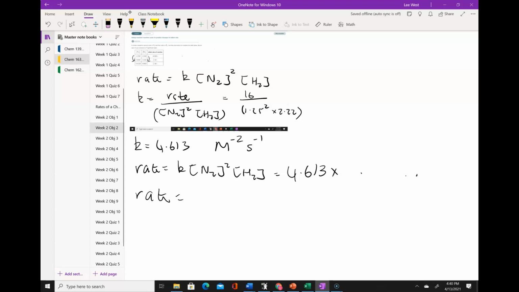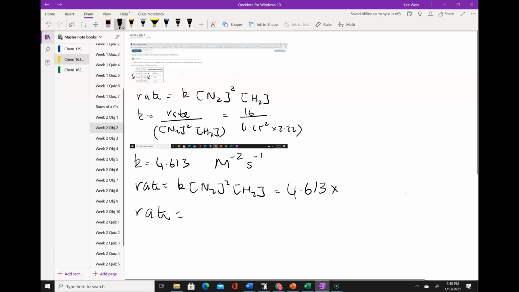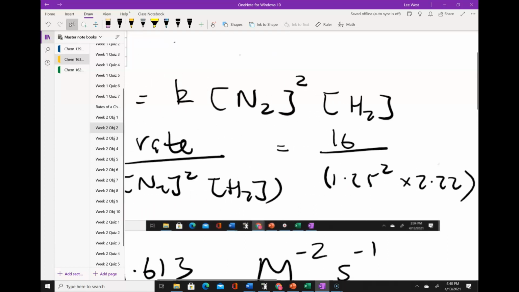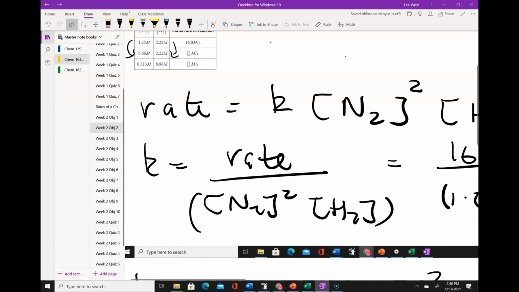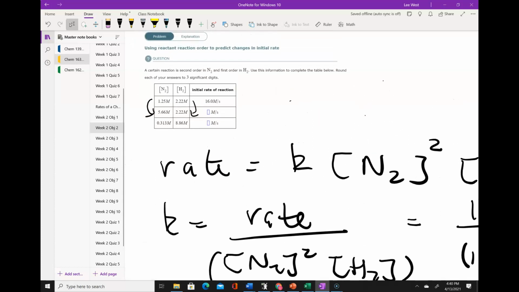Now, a little bit more complicated here. Because when you look at the data, you see that the concentration of H2 also goes up relative to experiment 1. It goes up by about a factor of 4. But the concentration of N2 changes by about a quarter.